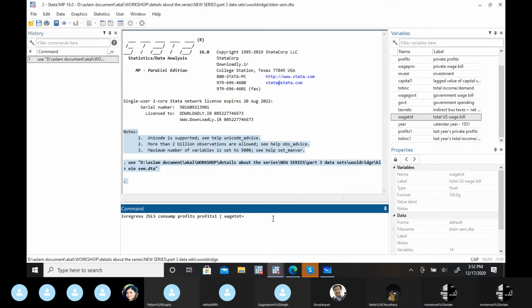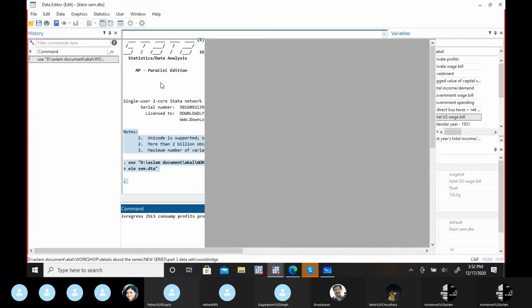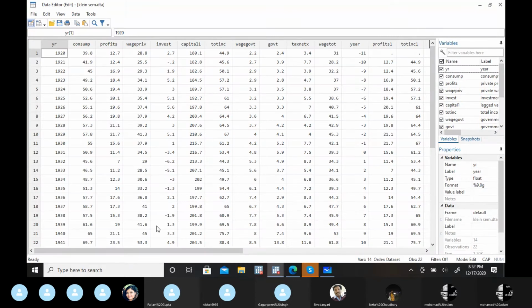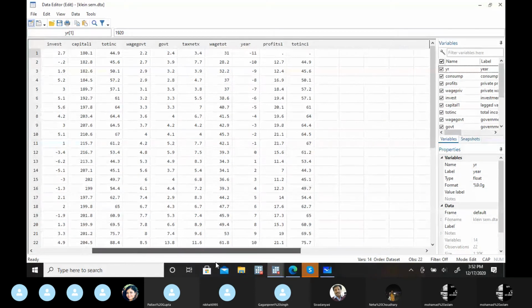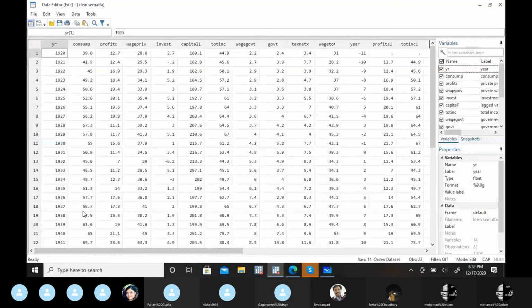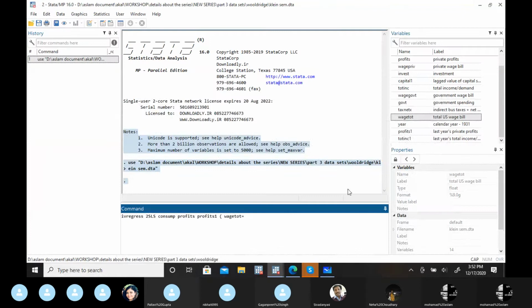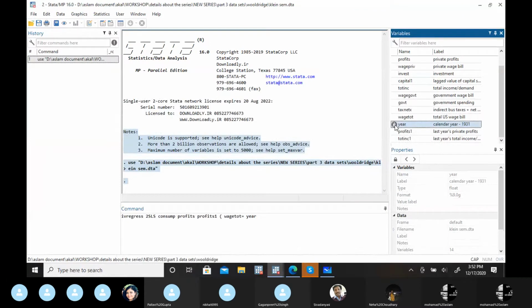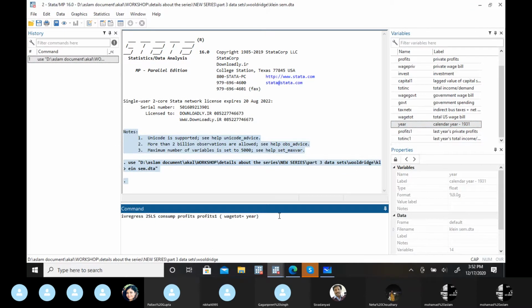Is the time or text? T is the time. So let's see the data set. This is how you will encounter problems when you actually apply some model. Time is not a variable here, it's a year. So I'm assuming that by time in this model, the variable is year.